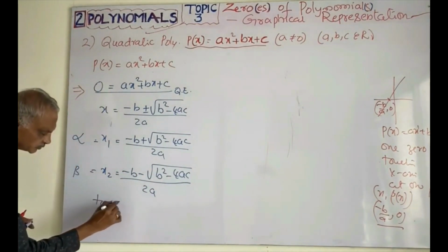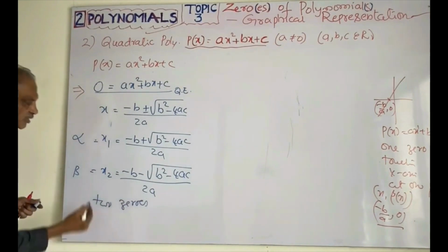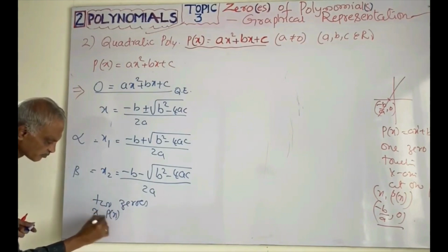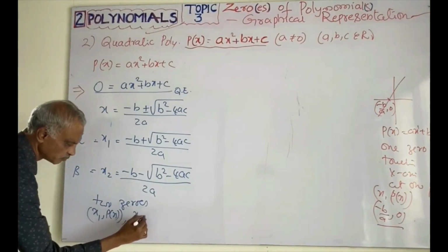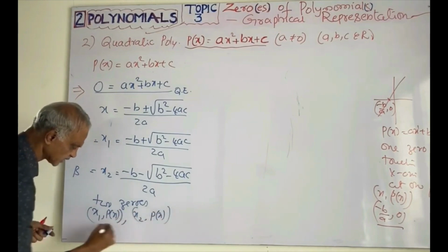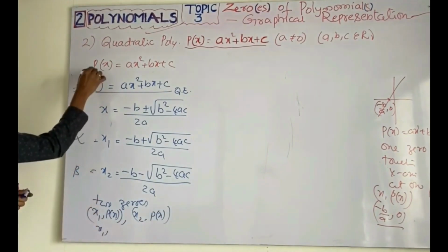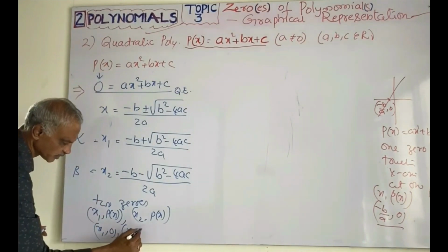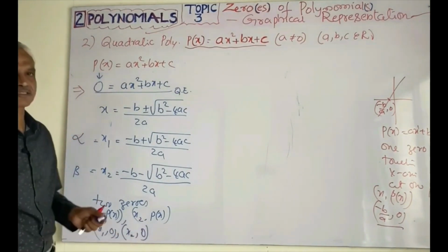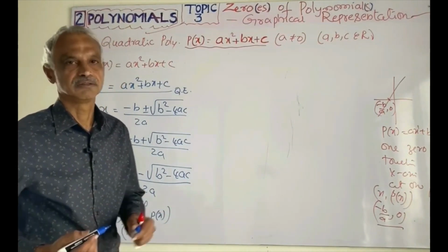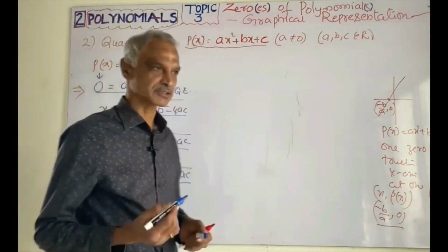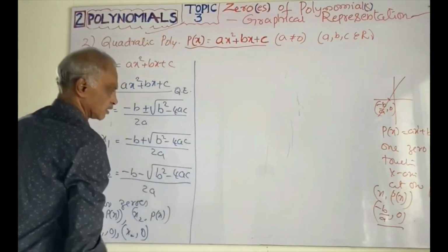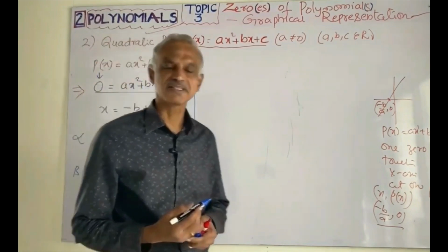Their zeros are x1 and x2, where p of x is 0. It is touching the x-axis at 2 points, x1, 0 and x2, 0.